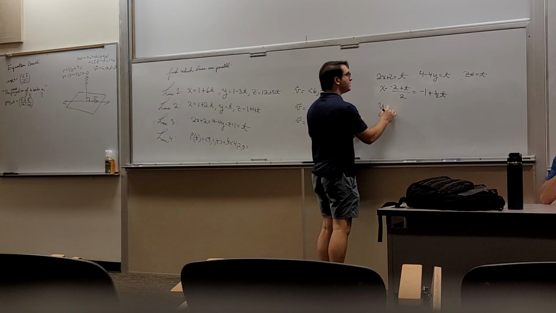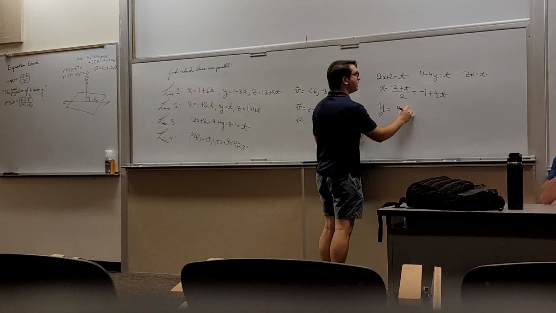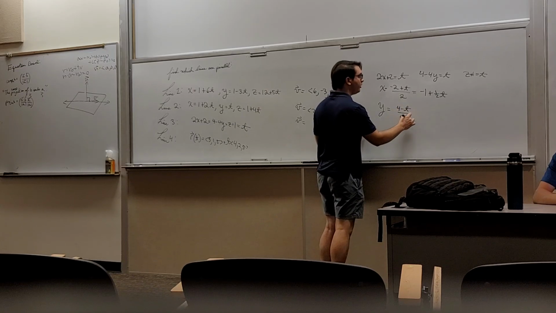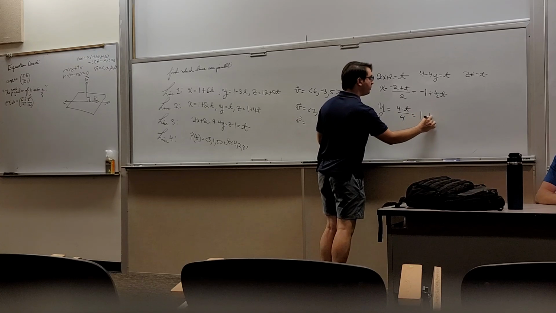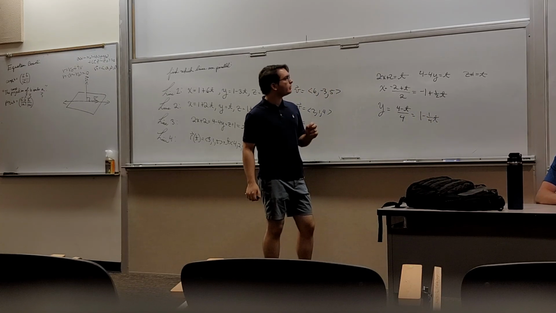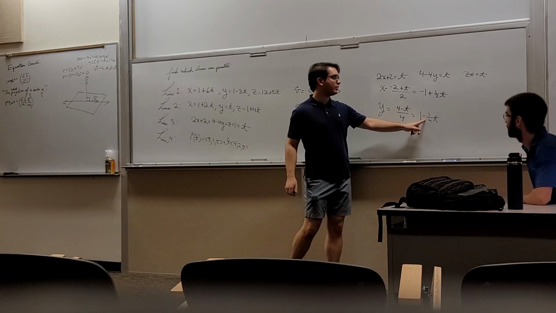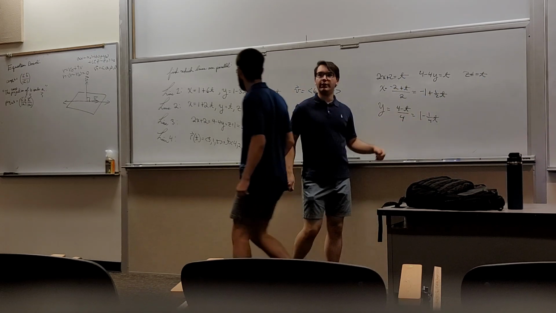For y, I can say that y is 4 minus t over 4, right? So that's going to equal 1 minus 1/4 t. I believe that's right? Wouldn't it be over negative 4? Well, and minus, right? So yeah, negative 1/4. Negative 1/4.